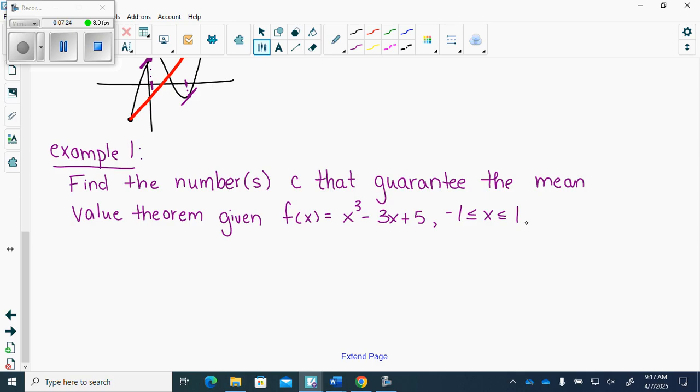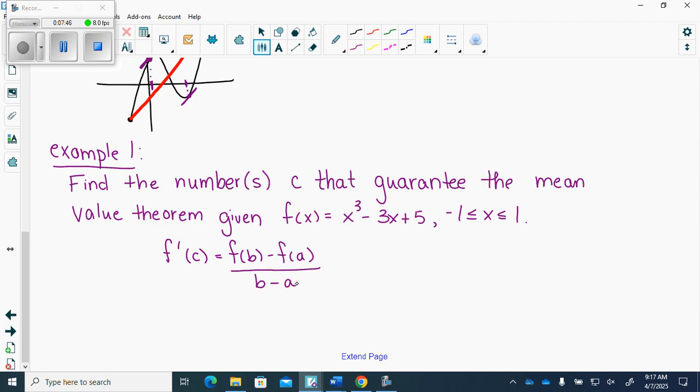So in order to do the mean value theorem, we need to know that f prime of c equals f of b minus f of a over b minus a.